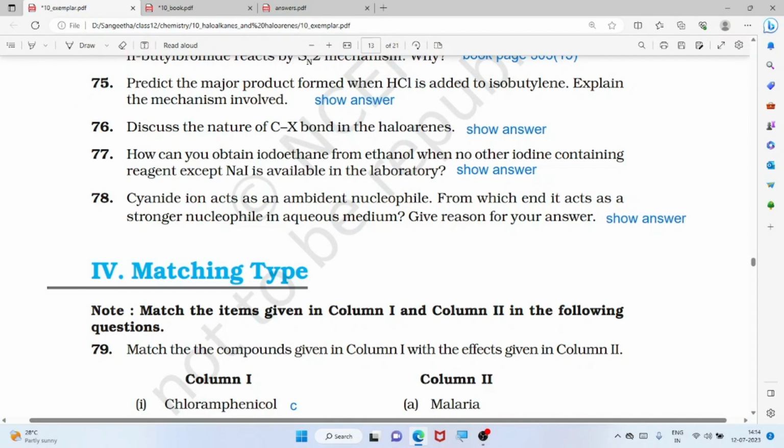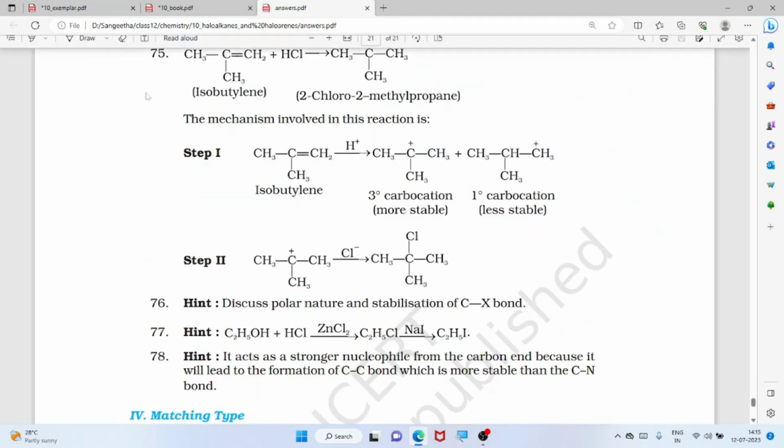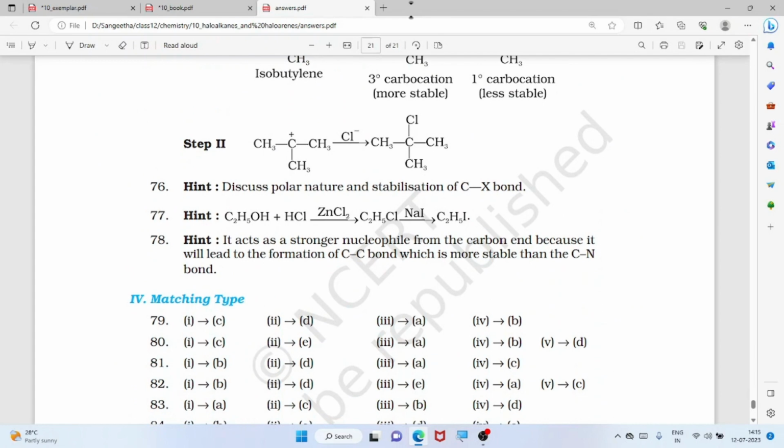Discuss the C-X bond in the haloarenes. Question 76. Partial positive, partial negative.